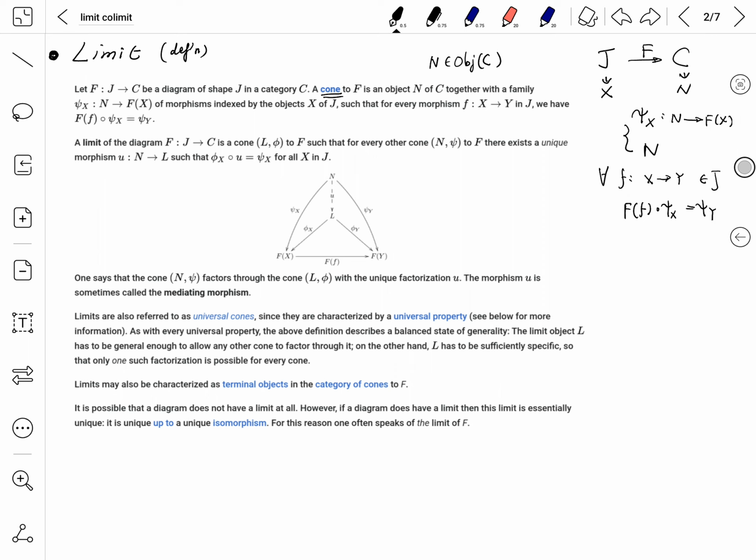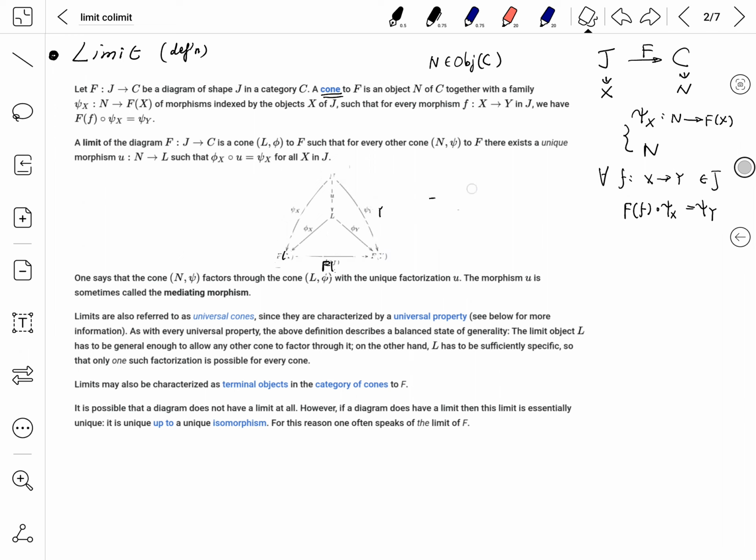There is the vertex N, and then for any F(X), F(Y), this diagram commutes: c_X, c_Y. This is your cone. This is what you get when you apply your functor F. So this happens totally in C: objects of C, and the diagram commutes. This is the definition of a cone.